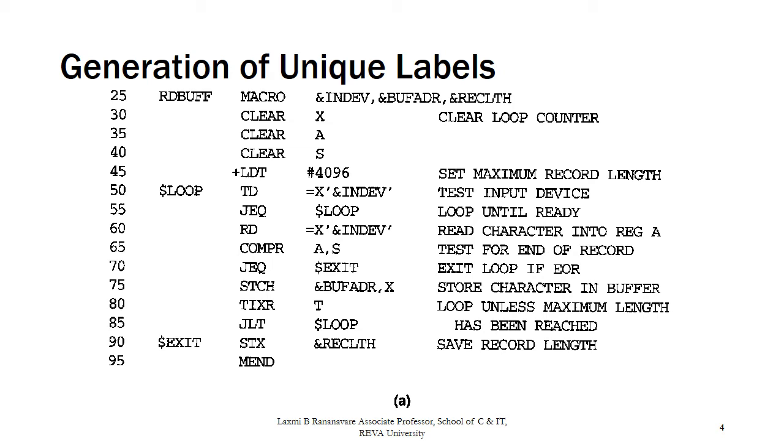And the next statement is STX. The contents of the index register we are going to store in record length, because every time the index register is pointing to a different location, and that location specifies the length of the record, and that we are going to store in the record length variable.